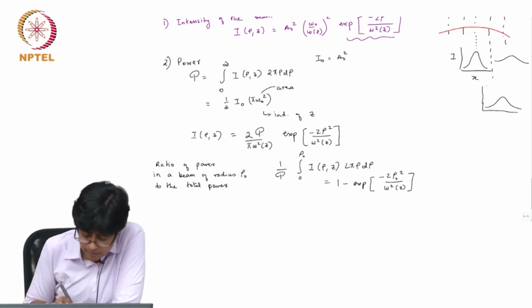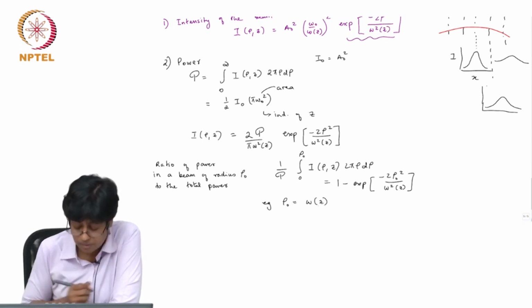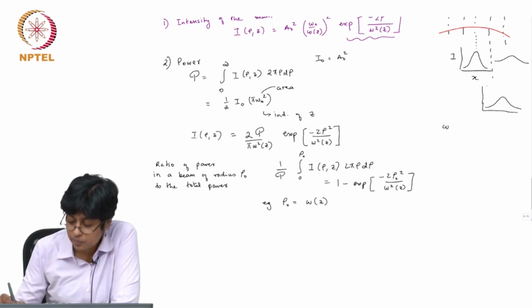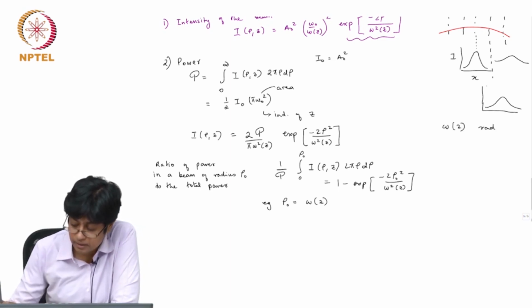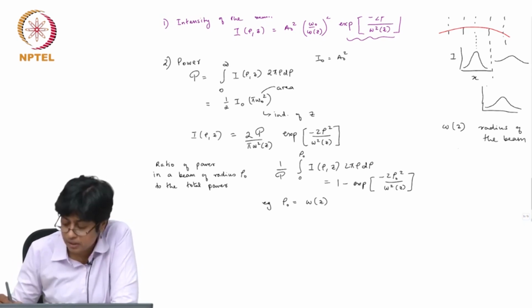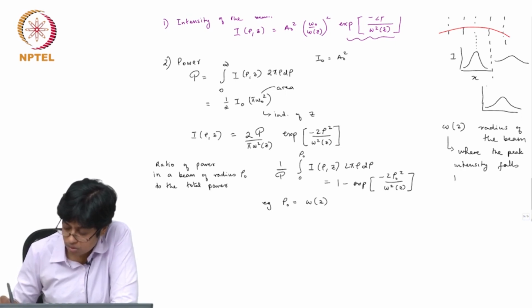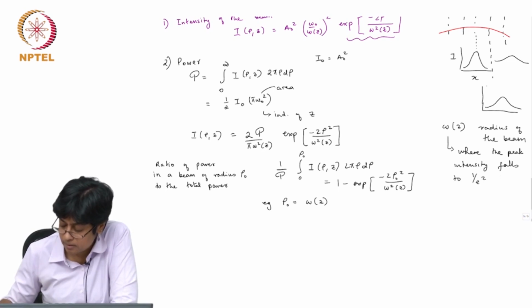So let's take the case where rho naught is equal to omega of z. What is omega of z? We consider it the radius of the beam, and in fact I can give you a better definition now. It is where the intensity falls to 1 by e squared of the intensity on the axis.